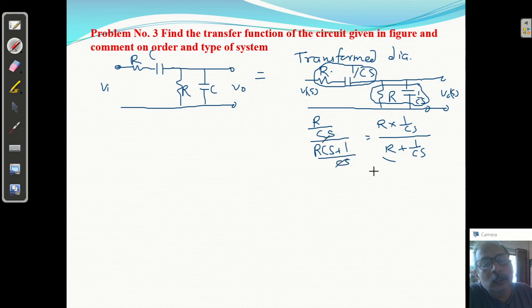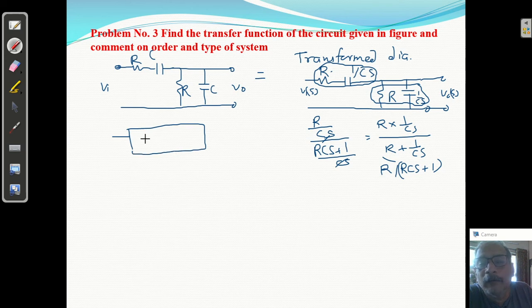Okay, so you will get the answer, क्या आएगा, R upon RCS plus 1 if you do it.